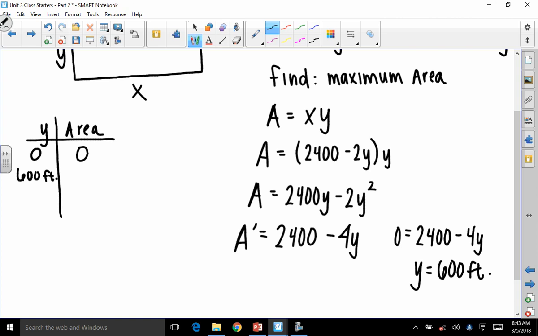That would be your minimum. Your maximum would be that he would use all the fence on the sides, right? How much fence does he have? 2,400, which would mean each side would be 1,200. But then is he enclosing any area? No. So obviously those are not going to maximize the area. Agreed? So how are we going to find the maximum area? Plug 600 into this area function.